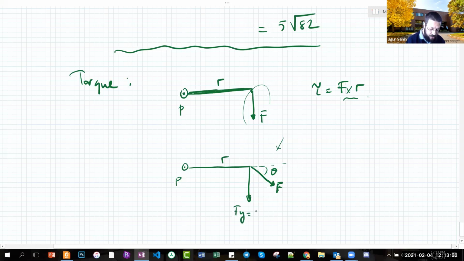As you know, it is going to be F magnitude times sine theta. This is the first component which has an effect on the stick. It should be perpendicular to R. When I multiply this force by the magnitude of R, that is going to give me my torque vector.